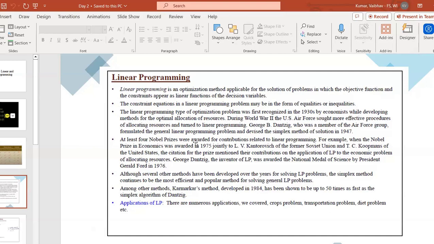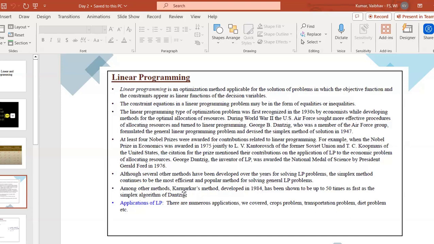Till now, at least 4 Nobel Prizes were awarded for contributions related to linear programming, for instance in 1975 to L.V. Kantorovich from the Soviet Union and T.C. Koopmans from the United States. There are other methods apart from the simplex method, but it is one of the most effective methods even today.